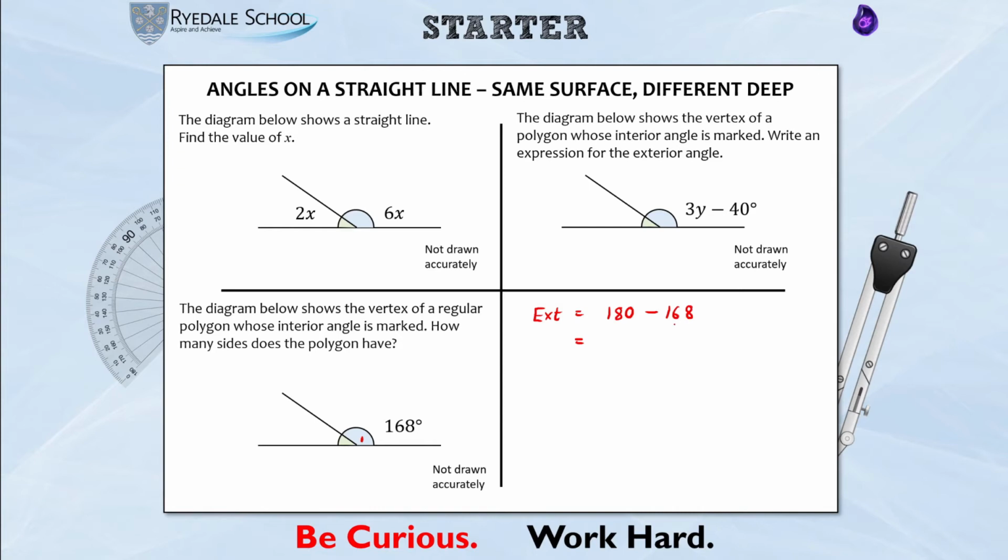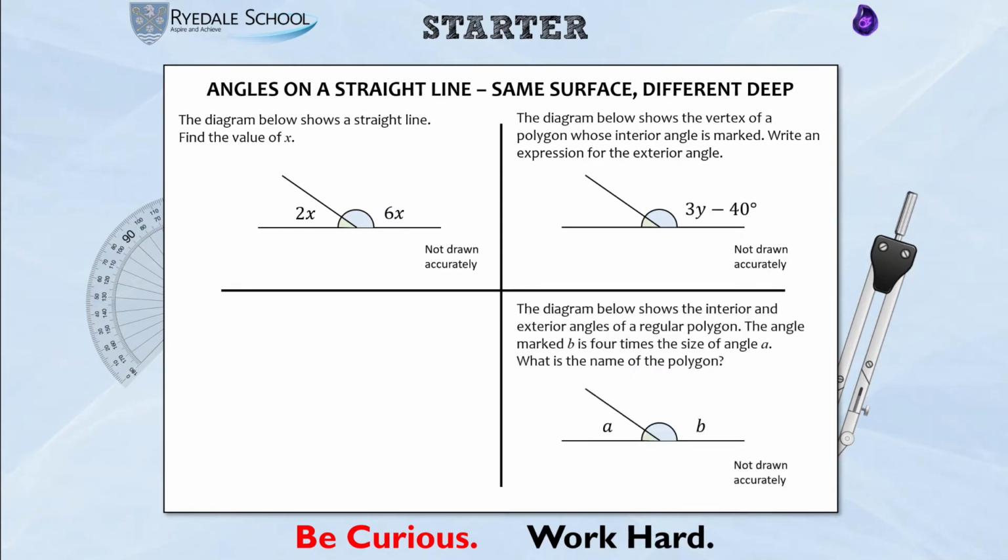And 180 take away 168 is 12 degrees. I'm then going to use the rule that says the exterior angle is 360 divided by the number of sides. And if I rearrange that, I can get the number of sides is 360 divided by the exterior angle. So I just need to do 360 divided by 12, and that is 30 sides.